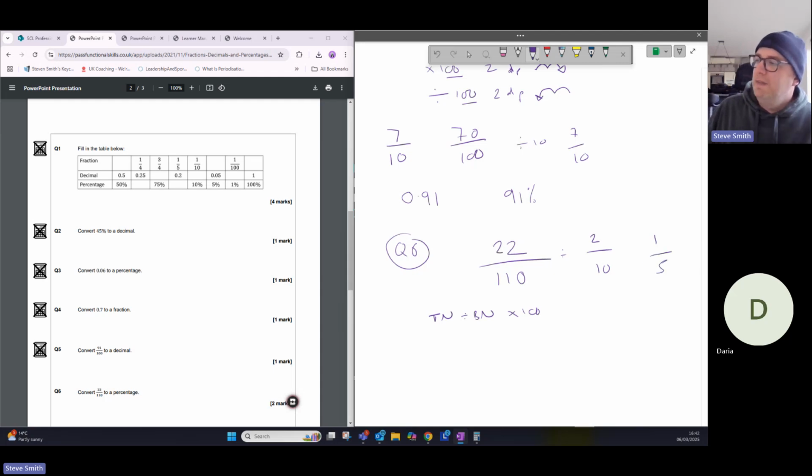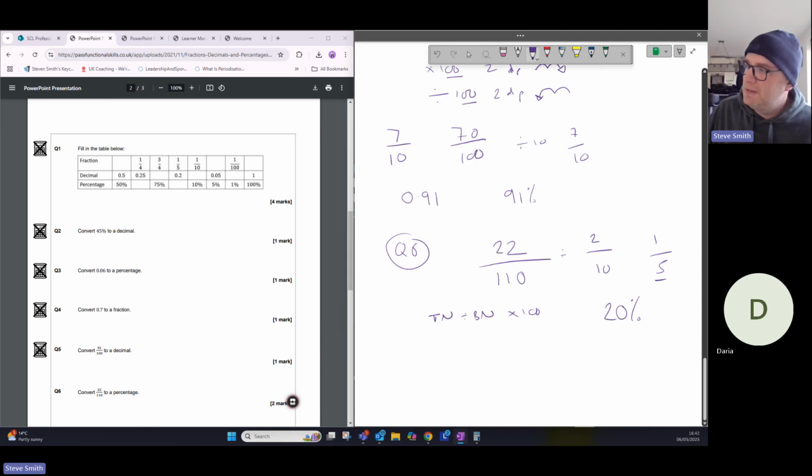So I can see that actually 22 over 110 is the same as saying 1/5. So I don't need my top number divided by my bottom number times by 100. I know that 1/5 is 20%. Not only did I fill it in on the table up there, but I just know that 1/5, if I split 100 into 5 equal pieces, I get 20 for each piece.